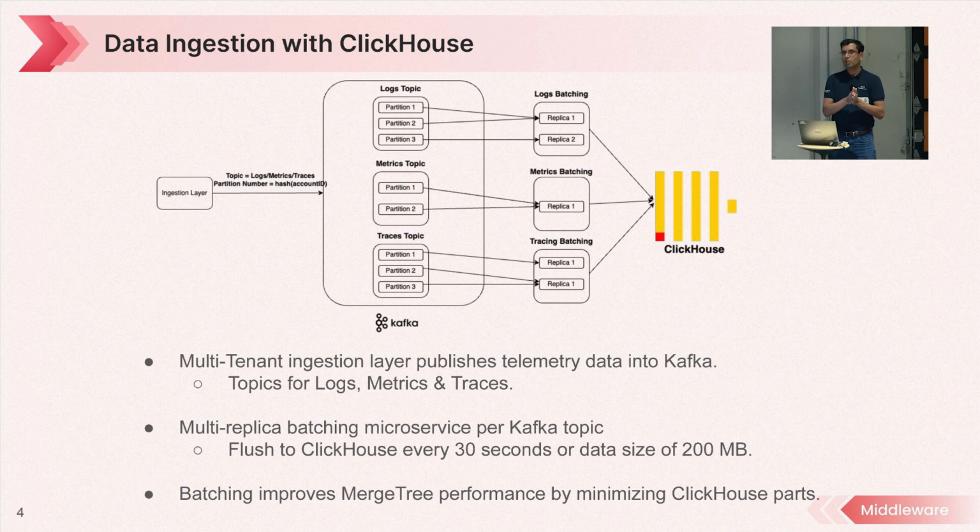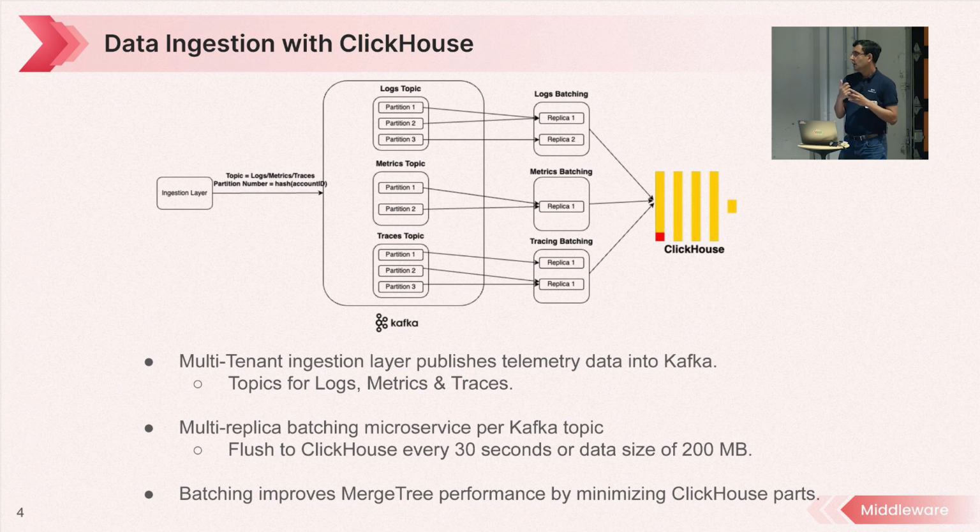Depending on the hash of the customer ID, we end up picking one partition, and the batching services are the consumers of those messages. Each batching service has multiple replicas, and each replica consumes from one partition. Technically, each replica is responsible for one customer's traffic.